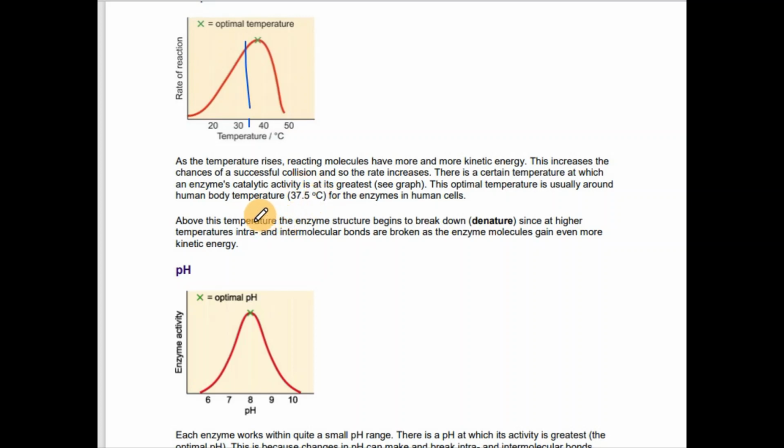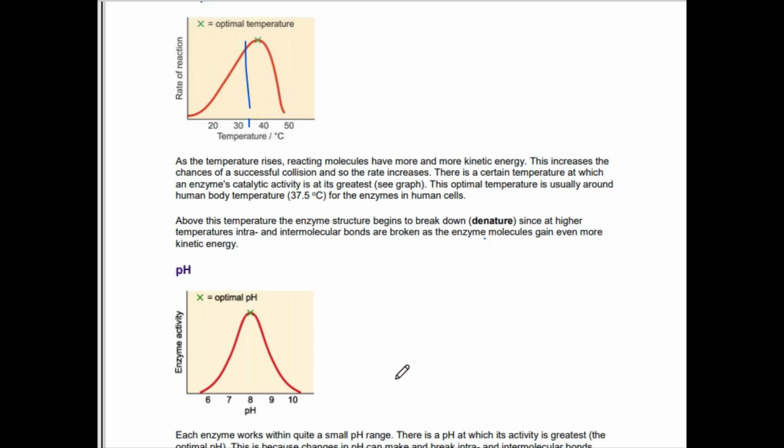If you go above this temperature, there's going to be a denaturation of the enzyme. When we say the normal body temperature of a human being is 37 degrees, it is because this is the temperature where most enzymes have their optimum activity. So this temperature of a human system is that of the optimum temperature of all the enzymes in the human system.